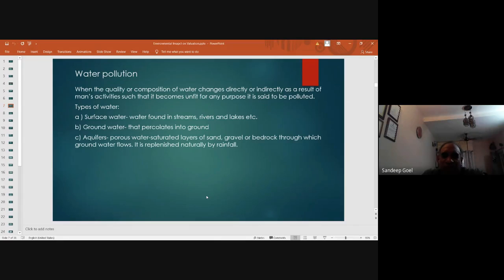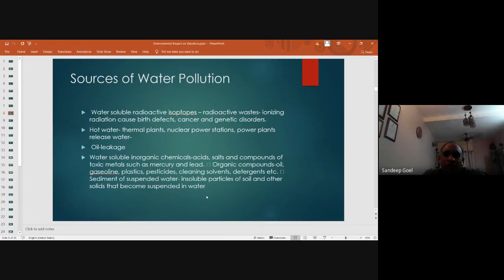Types of water, from where you can get fresh water: surface water sources, rivers, lakes, streams, and groundwater, wells, aquifers. These are the sources of water. Sources of water pollution: oil leakage, oil spillage. Oil comes through ships, and the ships get broken or have an accident somewhere and the oil spills over the surface of the water.